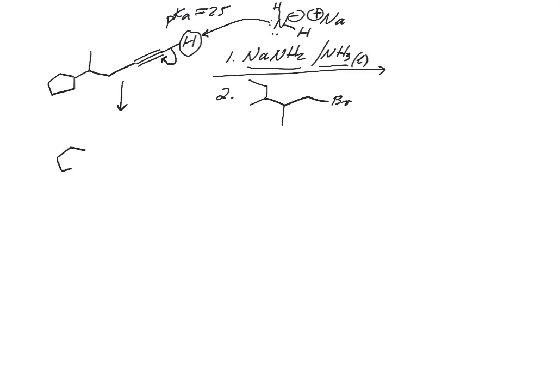Our resultant intermediate is an acetylide anion with a full negative charge on a terminal carbon, and this ion is stabilized by a sodium counterion. This acetylide intermediate is both a base and a nucleophile.